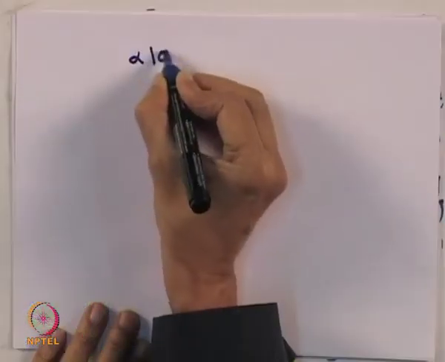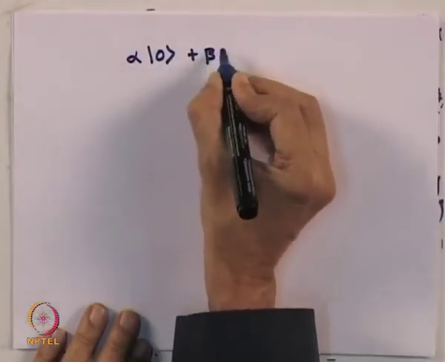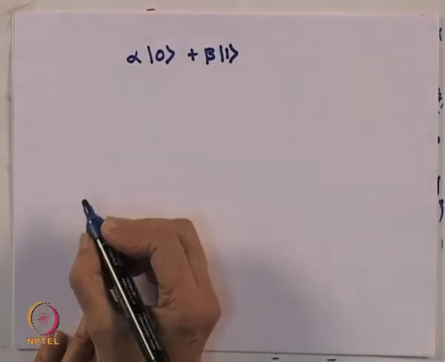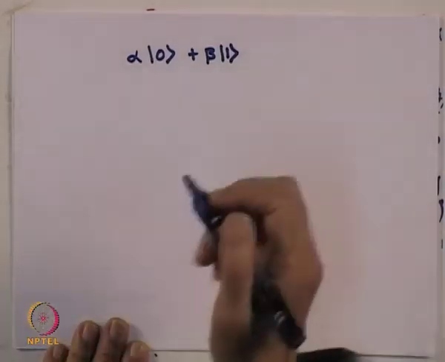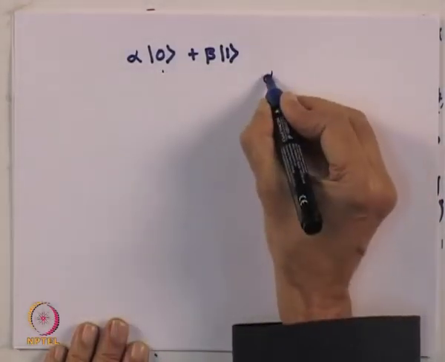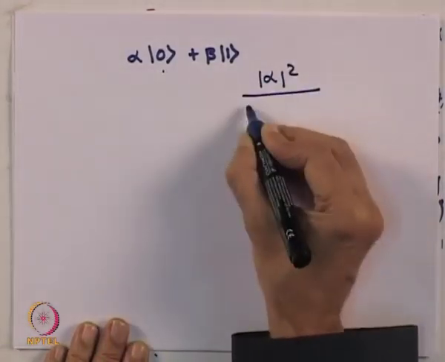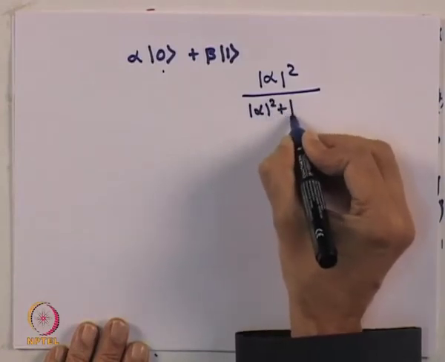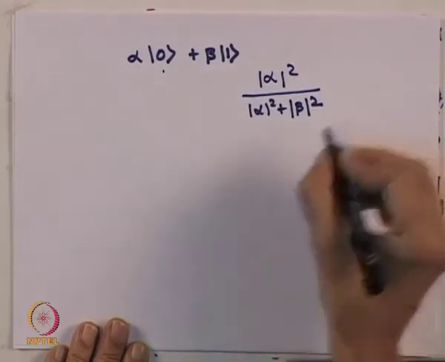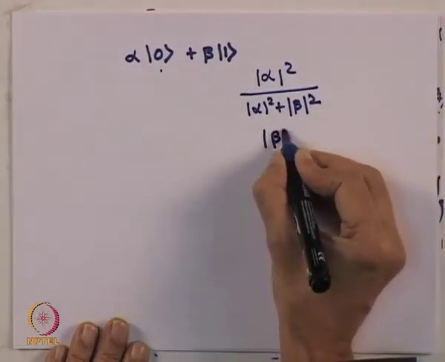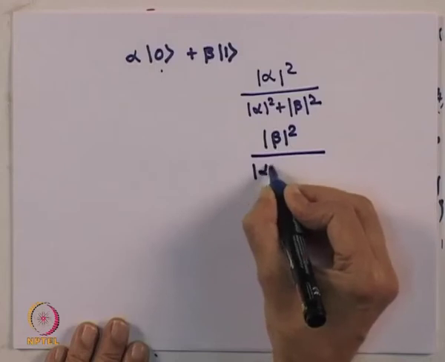This probability will allow you to determine, for example, if I have a state alpha 0 plus beta 1, and I make repeated measurements on identically prepared copies, I will get state 0 with a probability alpha square by alpha square plus beta square, and state 1 with the probability beta square by alpha square plus beta square.